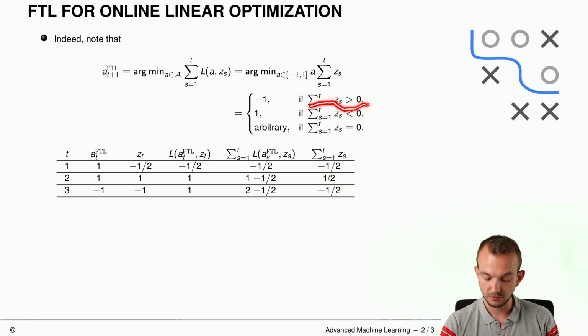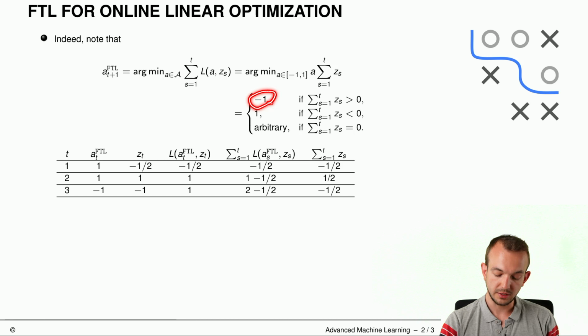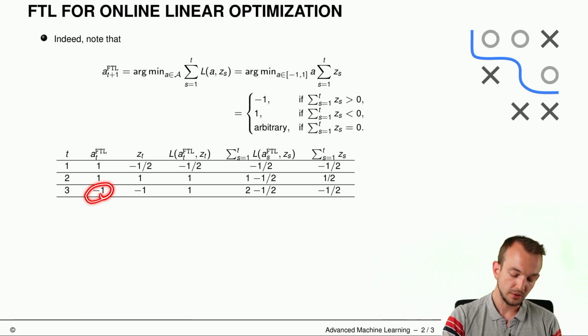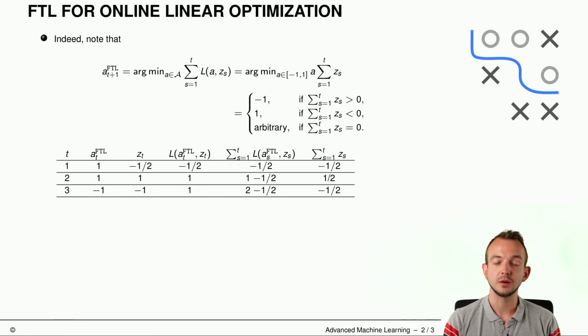Now, this is our current sum over the environmental data points. It's positive, so we are in this case, meaning that the follow the leader algorithm will take as an action -1, but the environmental data point by construction will be -1 as well. Multiplying the two, which we need to do to compute the linear loss, gives us again a 1.